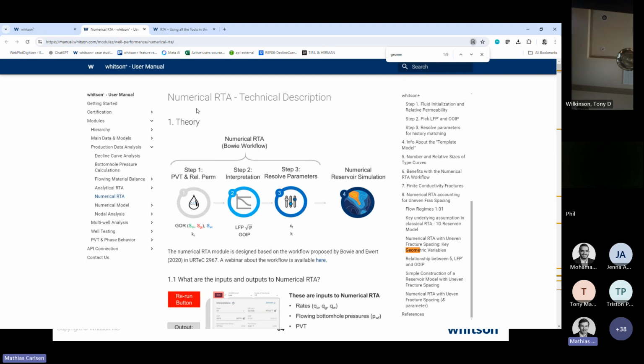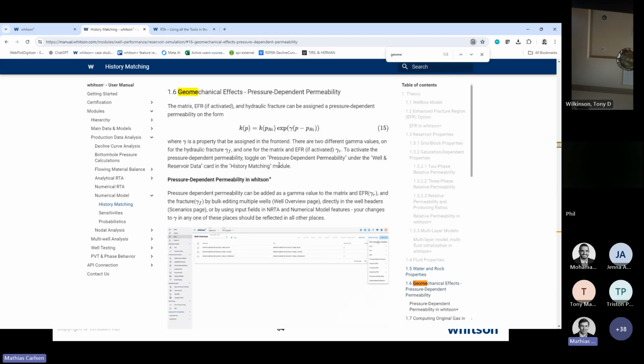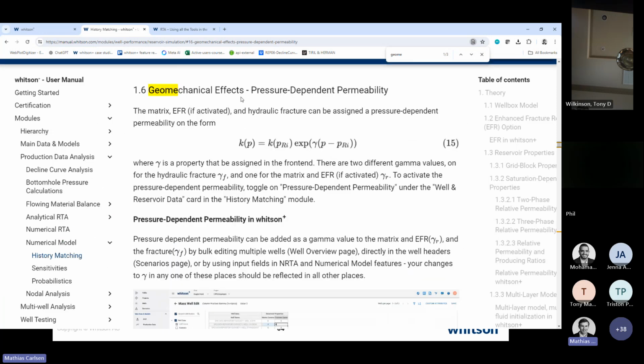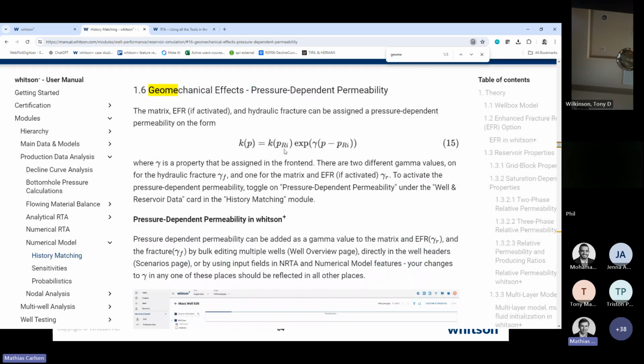That's just something you can add. I'm in the manual right now, and you can see it in multiple places in the manual, and I think it's the same everywhere. These gamma parameters are just geomechanical effects that you can introduce, which means you'll introduce a pressure-dependent permeability relationship, such that when the pressure changes, your permeability changes as well.